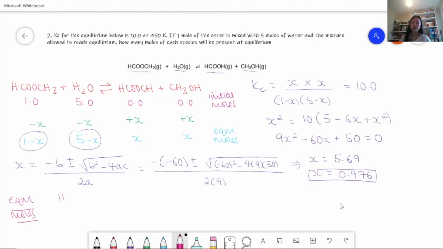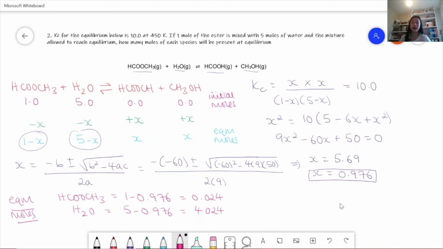So we have the ester, which will be equal to 1 minus 0.976, which is 0.024. And then we have water, which is equal to 5 minus 0.976, which is equal to 4.024.